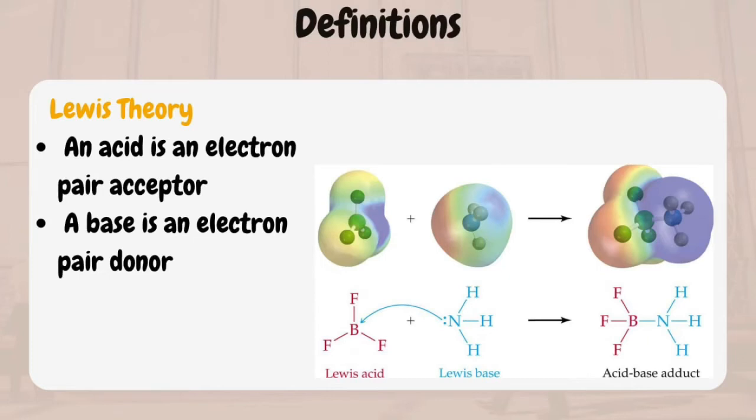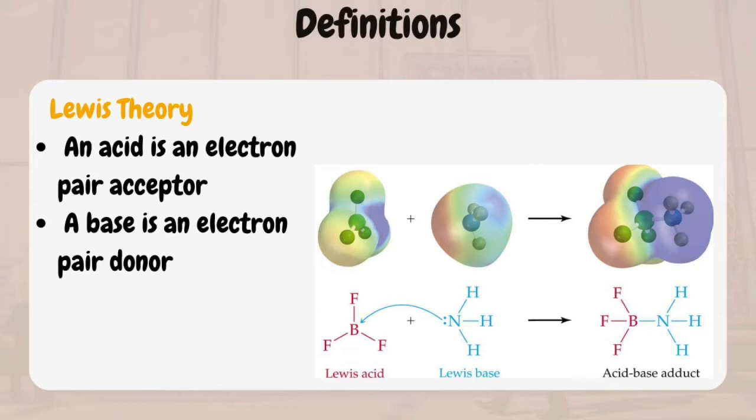In this reaction, ammonia has a lone pair of electrons and boron trifluoride has an incomplete octet, since boron doesn't have enough electrons around it to form an octet. Because boron only has 6 electrons around it, it can hold 2 more.